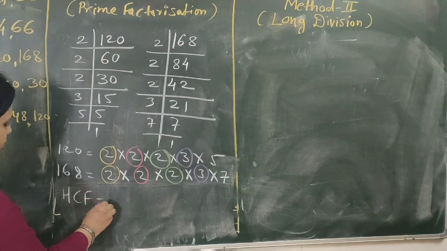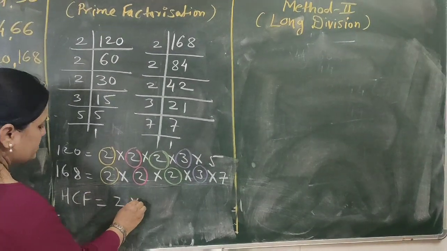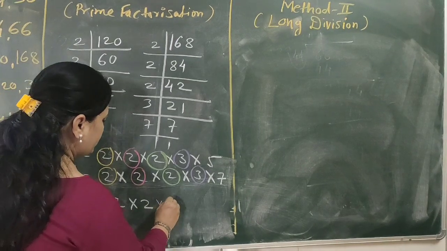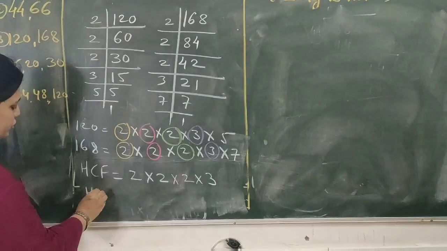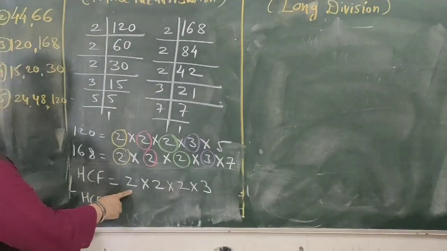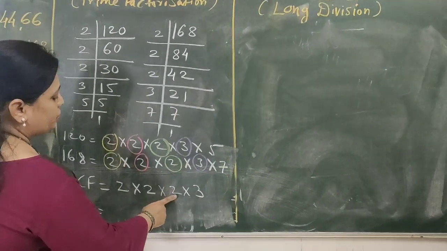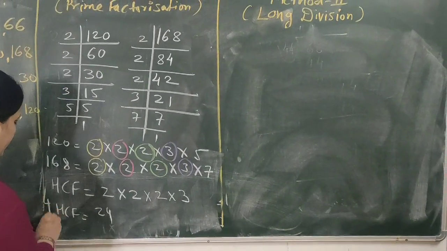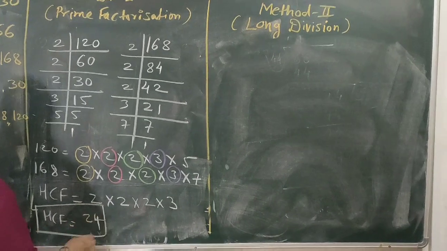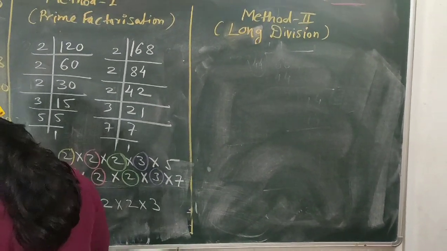So what is the SCF? First 2, second common factor 2, third common factor 2 and fourth common factor 3. So SCF is equal to 2 2s are 4, 4 2s are 8, 8 3s are 24. So our SCF here is 24.